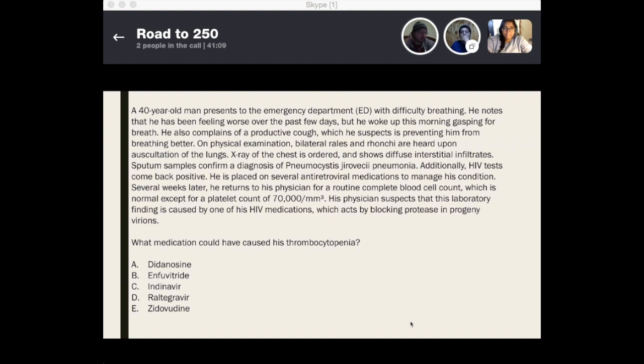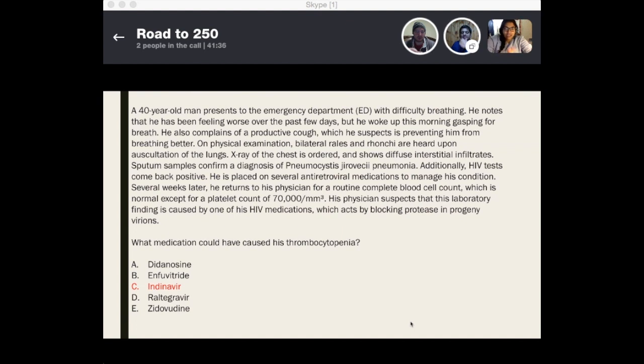And zidovudine is also a protease inhibitor, is it not? Zidovudine is an NRTI. Yes. Oh, okay, yeah. Not bad. Okay, then Indinavir? Yeah. So that alone leaves Indinavir as the answer.